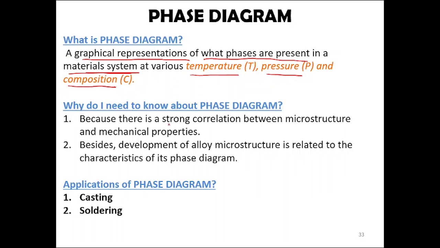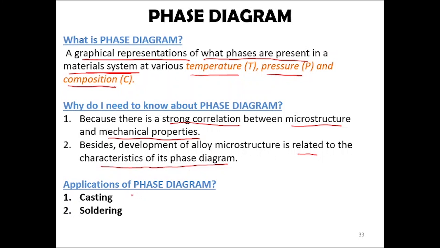It is because there is a strong correlation between microstructure and mechanical properties. Besides, development of alloy microstructure is related to the characteristic of its phase diagram.